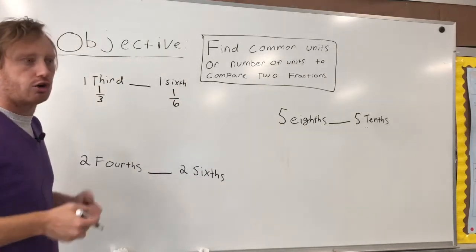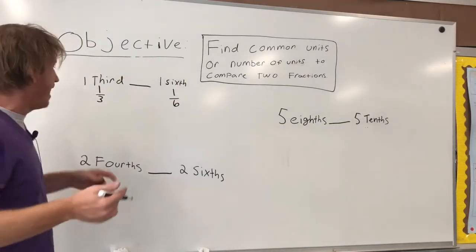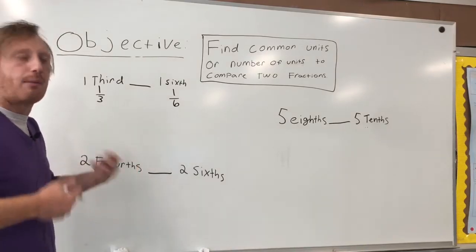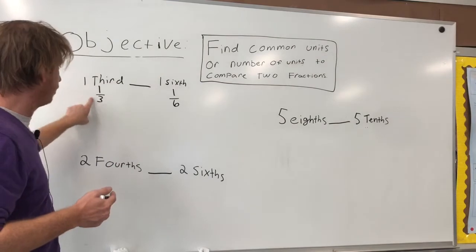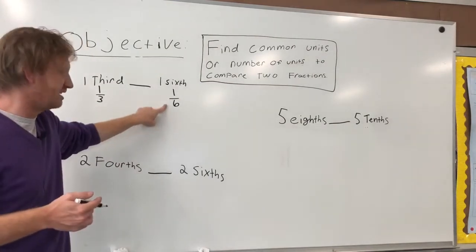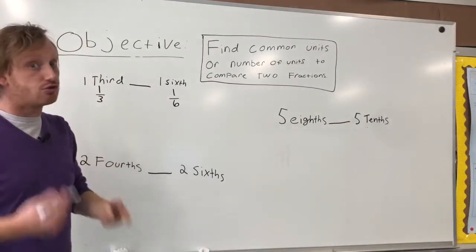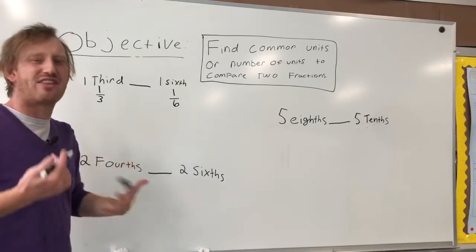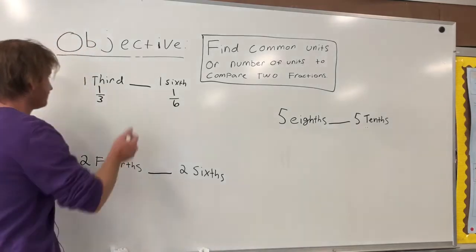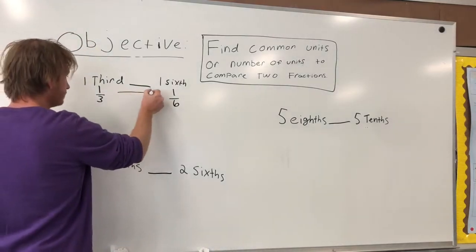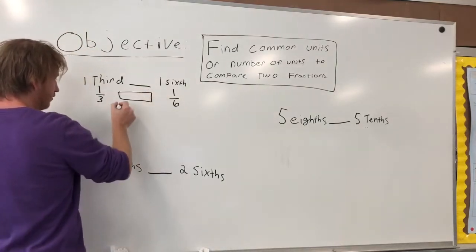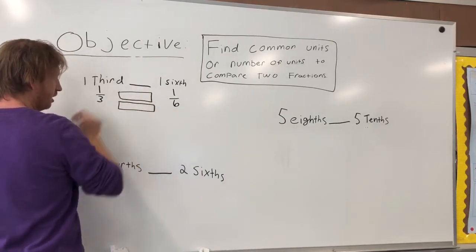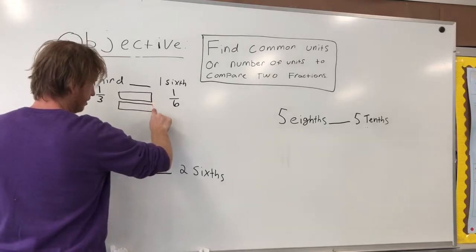Now I'm going to draw 2 rectangles, and they're going to be equivalent. That means the same size. I'm going to do that so we can compare 1/3 to 1/6. And because I'm drawing it, they're not going to be perfectly the same size, but we can still pretend that they are, because it's going to be pretty close. So there's my first one. And there's my second.